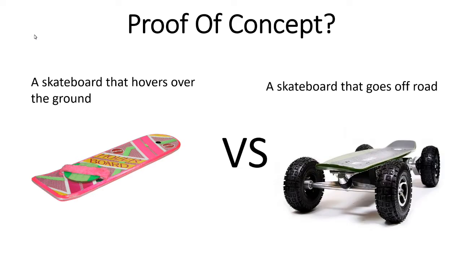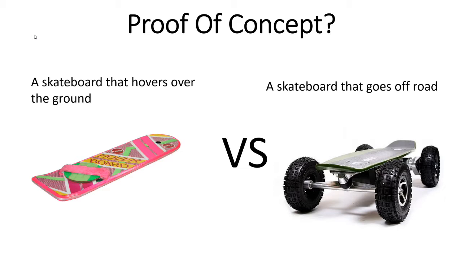So this would be a more realistic product where you would not necessarily need a proof of concept. It's a skateboard that goes off-road. So in theory, this is actually an actual product, but if this product was not out and we wanted to develop a skateboard that could go off-road, well, we would simply think of a skateboard with larger wheels.